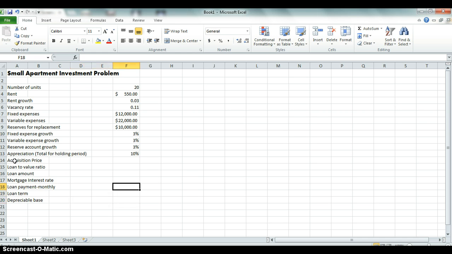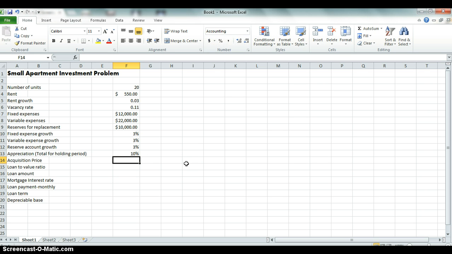Okay, so the acquisition price, as well as the loan amount and the loan payment and the depreciable base are dollars.